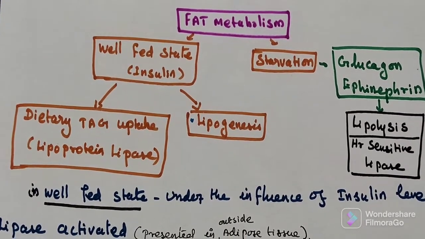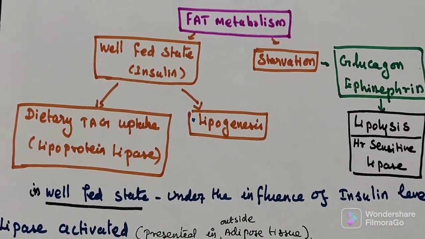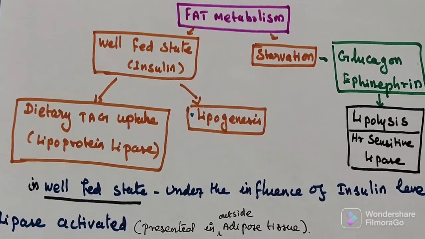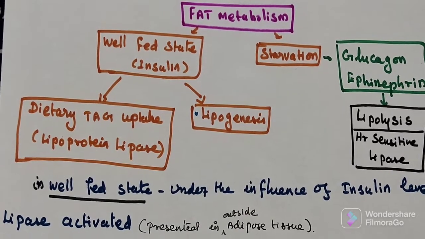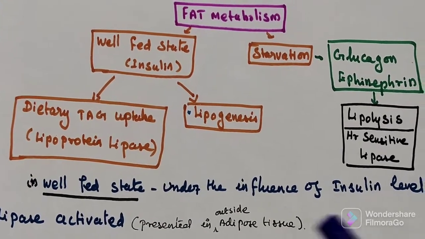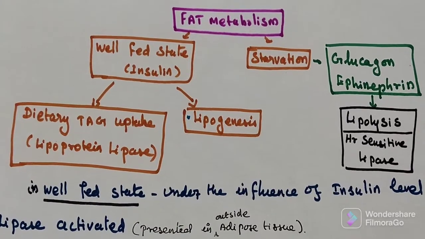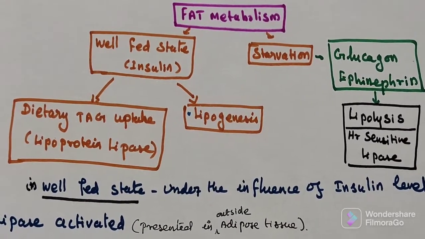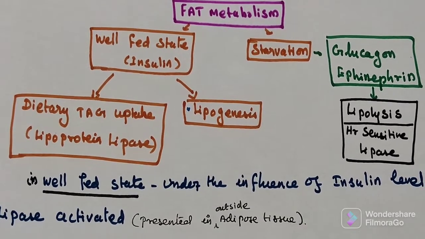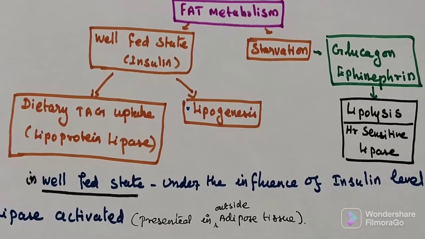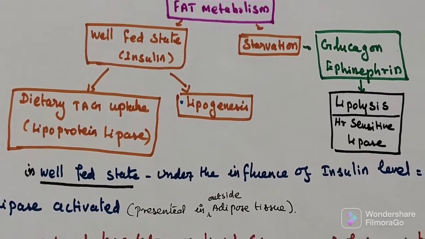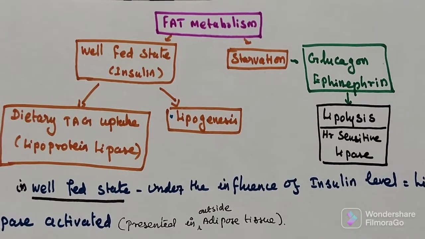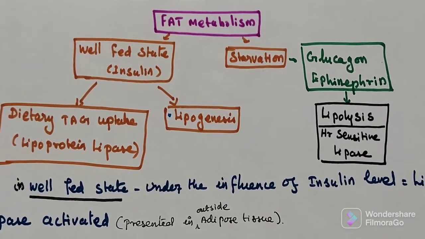This enzyme lipoprotein lipase is an interesting extracellular enzyme which is found on the outside of adipose tissue, and because of its nature of breaking down lipid, it helps in transporting triacylglycerol from both chylomicron and VLDL into the adipose cell.